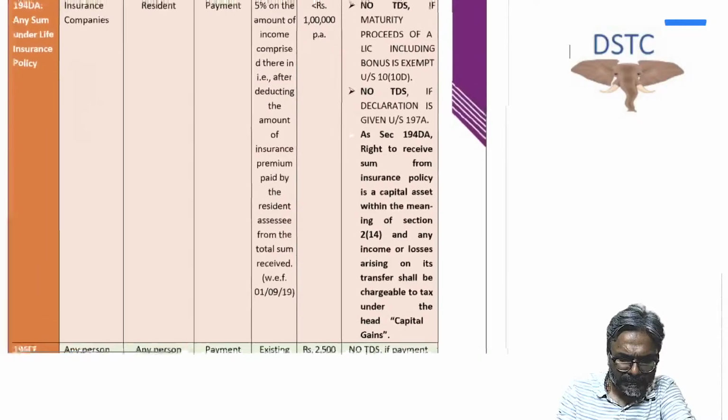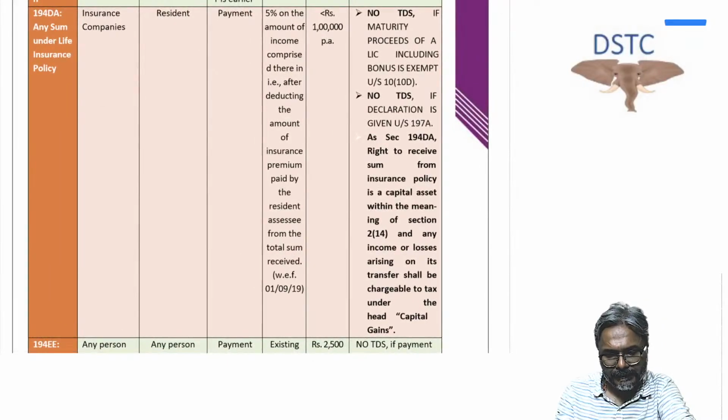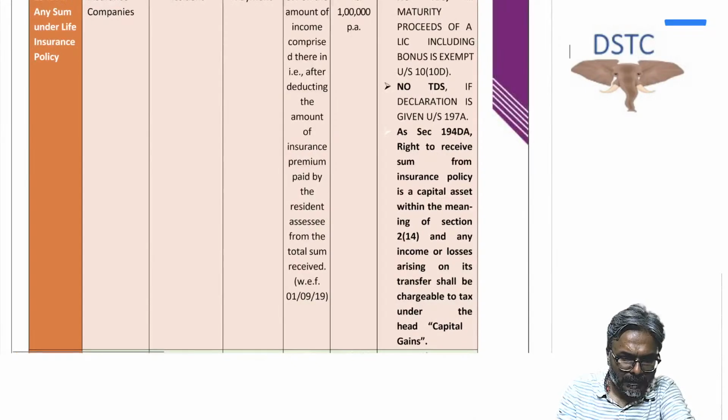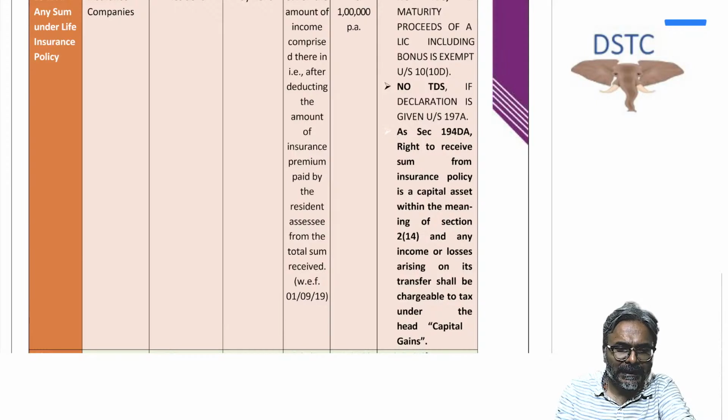194 DA, students. Now, if you look into 194 DA, students, what they say is that any sum under the life insurance policy.